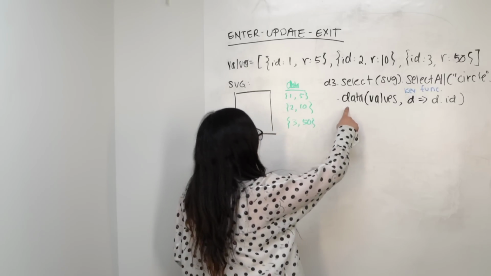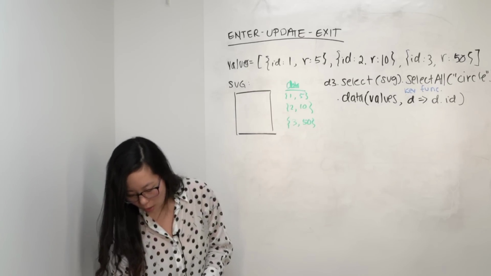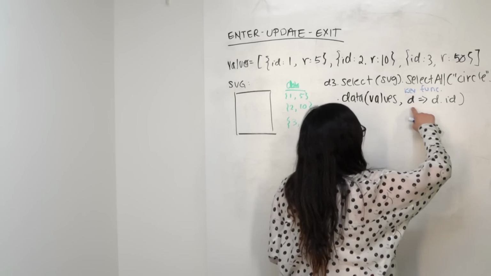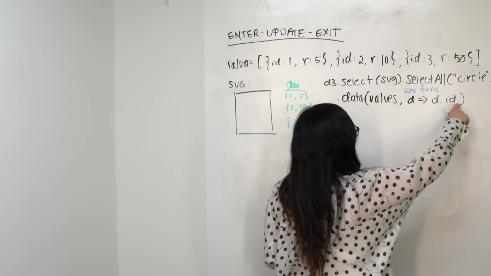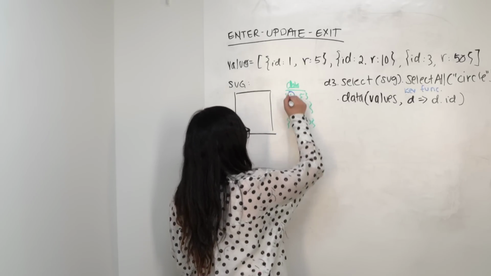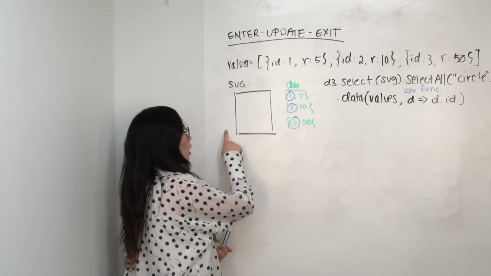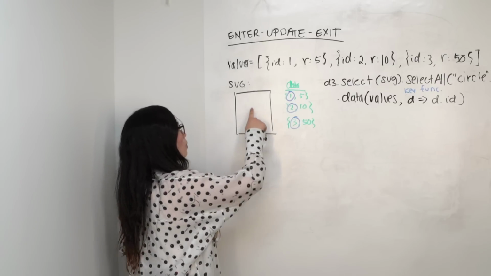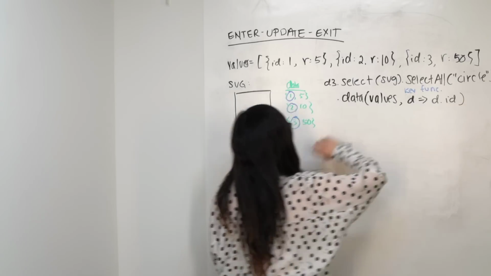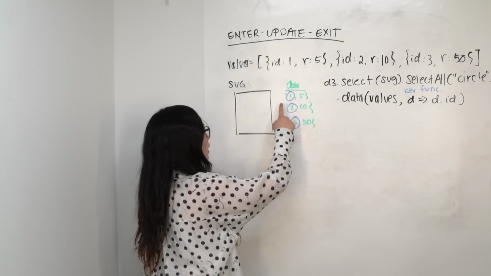And D3 is saying, okay, let's loop through each of these and identify what the key is. So it's looping through each of the elements in the data and identifying the key: the key is 1, the key is 2, the key is 3. Then it will look in the DOM and ask, are there any existing circle elements that have key ID 1, key ID 2, key ID 3?